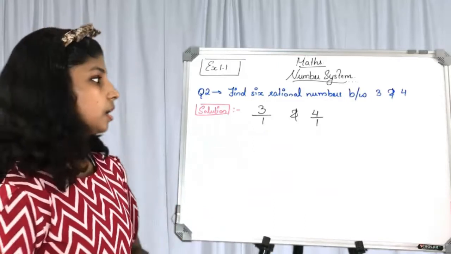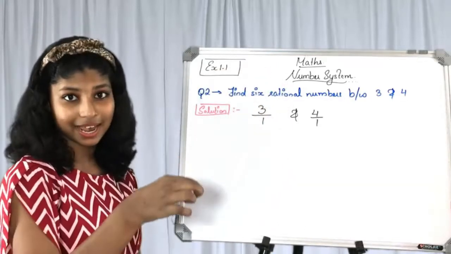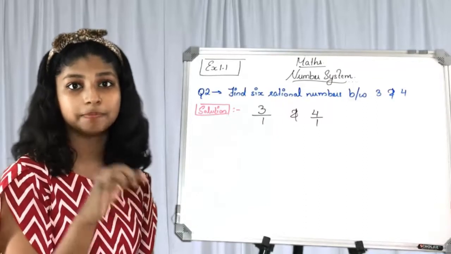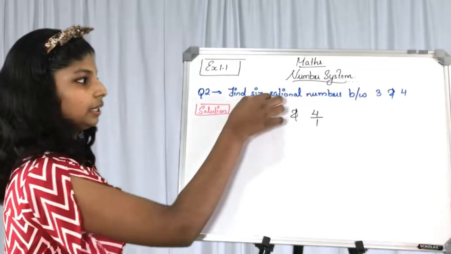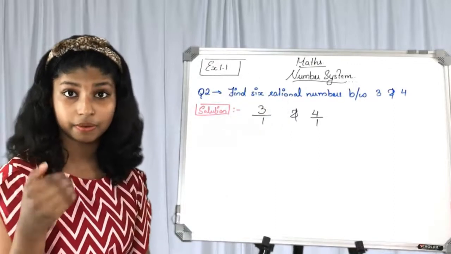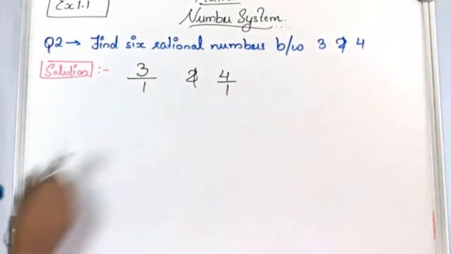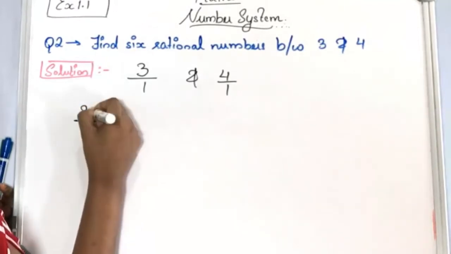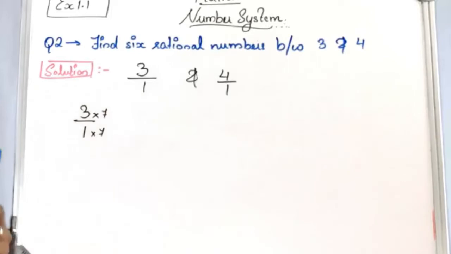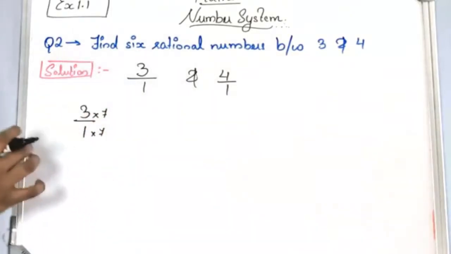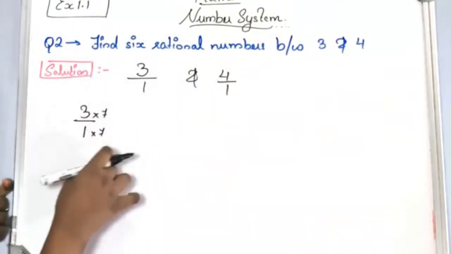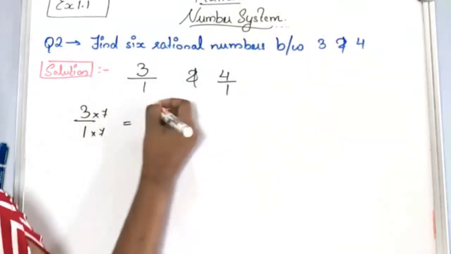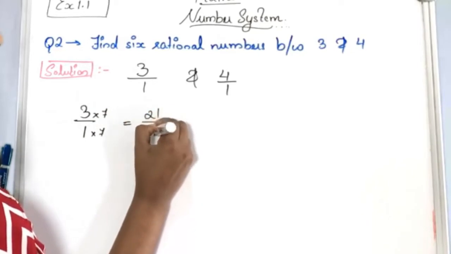Here we have to find 6, right? So the number we multiply by should be greater than the number of rational numbers asked in the question. So we have 3 by 1, and we multiply both the numerator and denominator by 7, and we get 21 by 7.